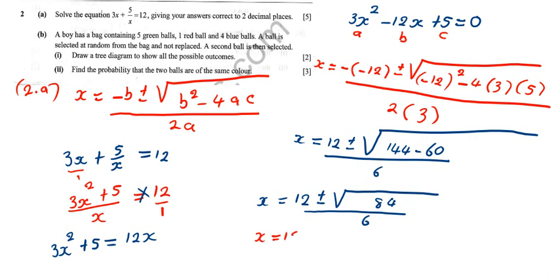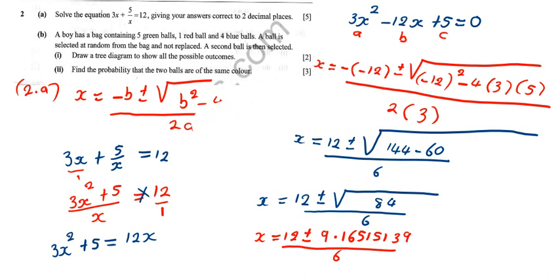So x is equal to 12 positive or negative square root of 84, over 6. So when we do the square root of 84, we are getting 9.165151. Here we're going to have two answers, one for positive and one for negative.